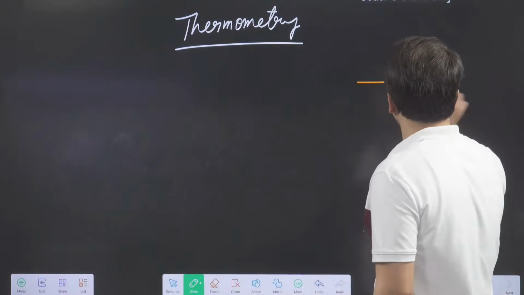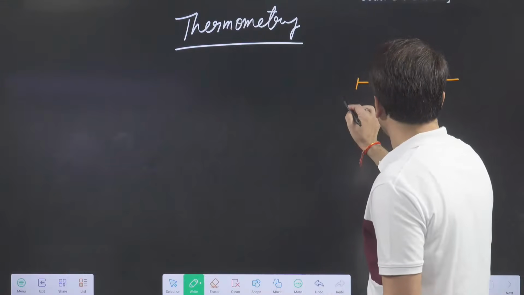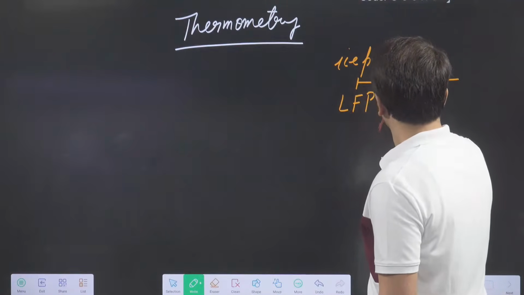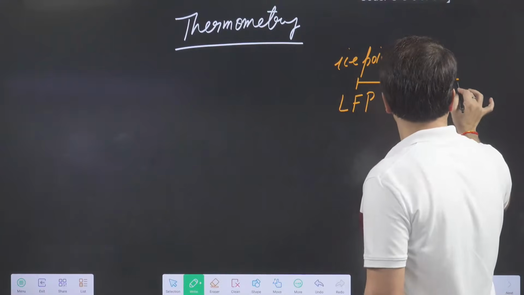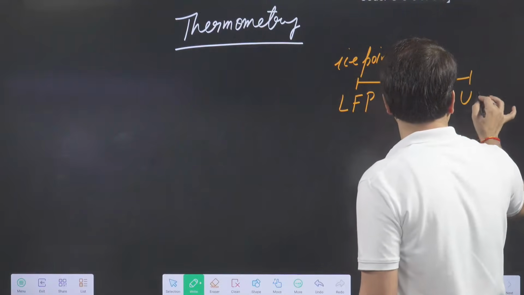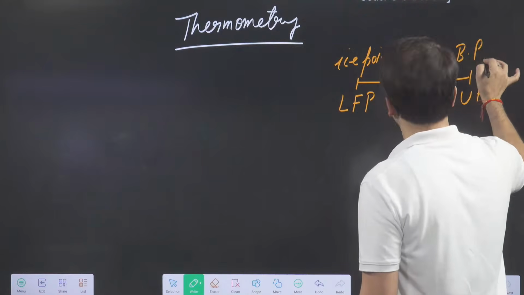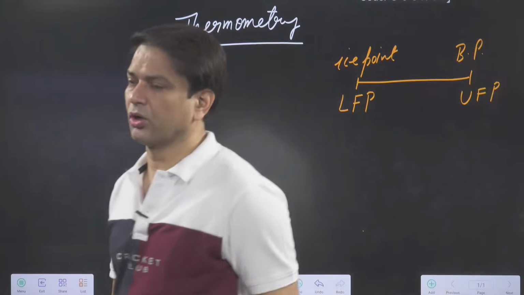So one reference temperature is LFP, that is the ice point, and the other reference temperature is UFP, that is the boiling point. Okay. Up to this everybody got it.